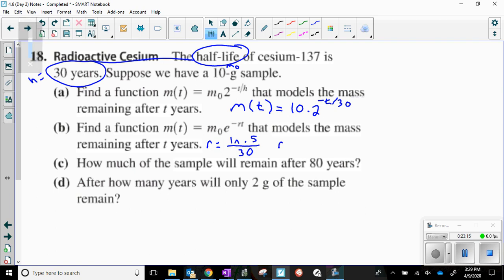I can write down my function of time is the initial amount, 10, e to the natural log of 0.5 over 30 times t. If you want to do natural log of 2, you would put a negative there.